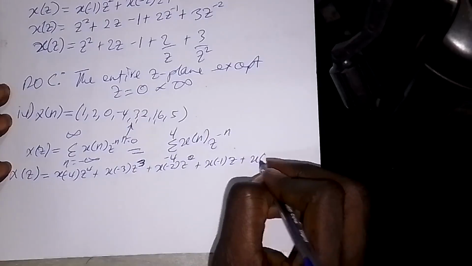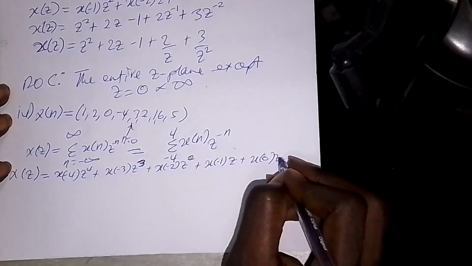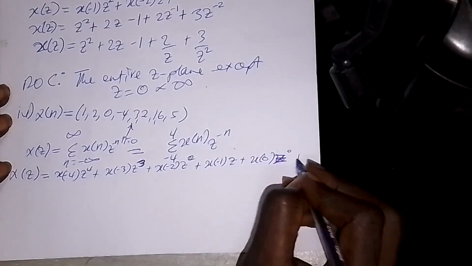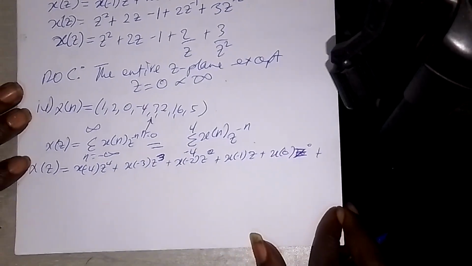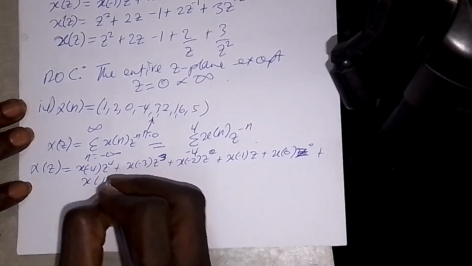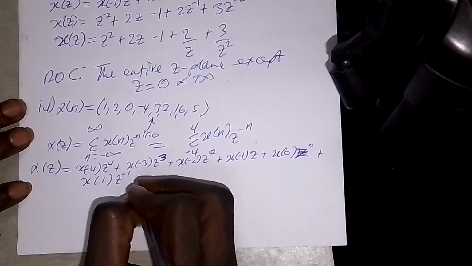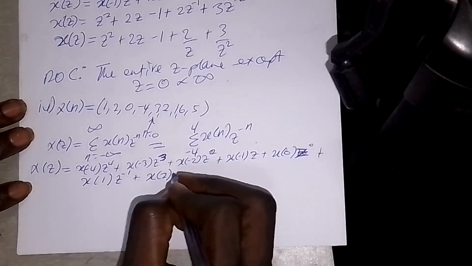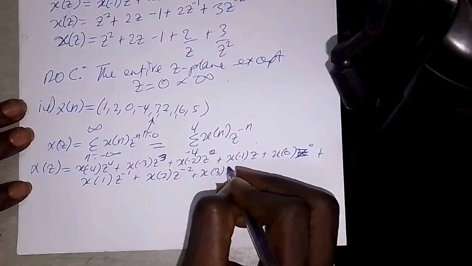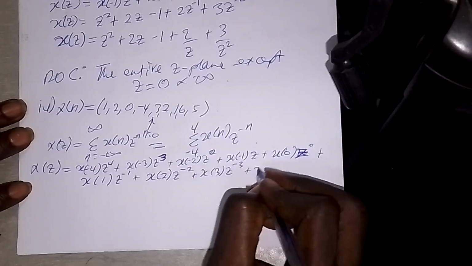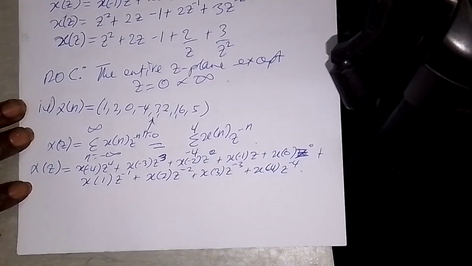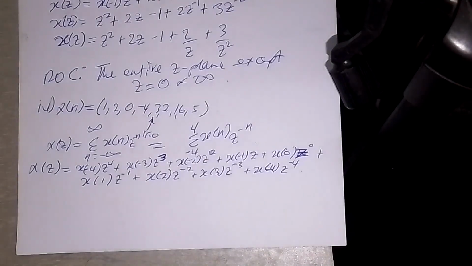Plus x of 0 into z exponent 0. Plus x of 1 into z exponent minus 1, plus x of 2 into z exponent minus 2, plus x of 3 into z exponent minus 3, plus x of 4 into z exponent minus 4. So that will be our z transform.